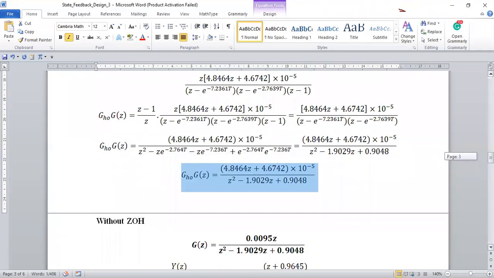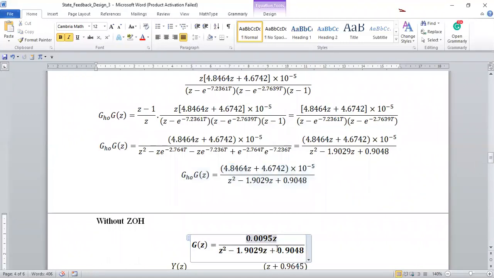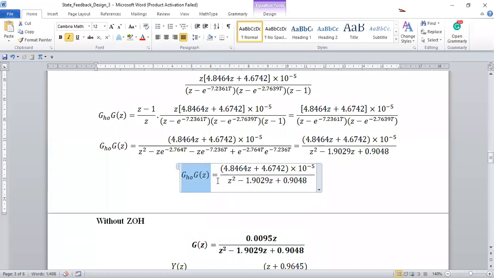What we did last week, we didn't include the zero order hold, and this was the transfer function we arrived at, if you can remember last week. And you can see that they are very different. This is the way the computer actually sees the transfer function, because the computer is made up of ADCs and DACs, because it processes signals in discrete time.